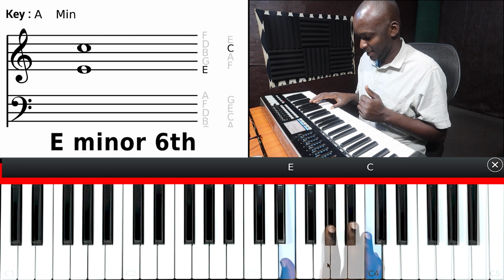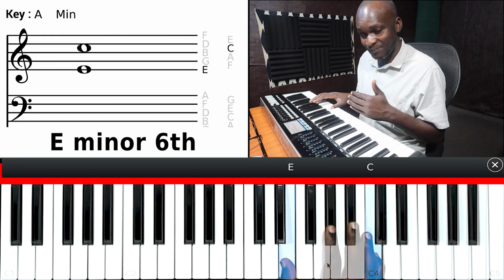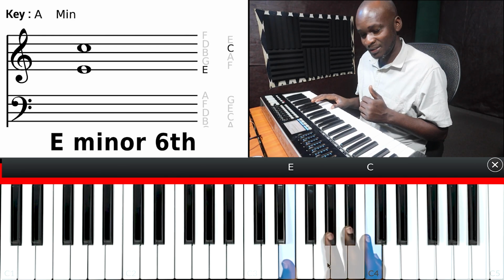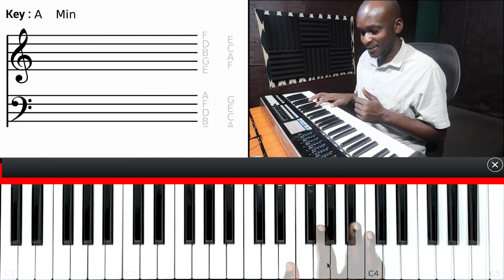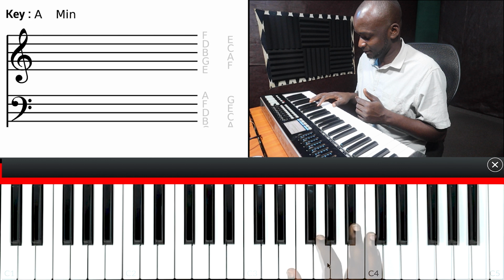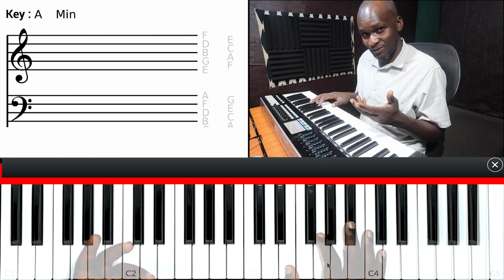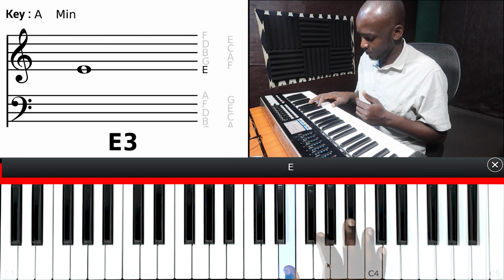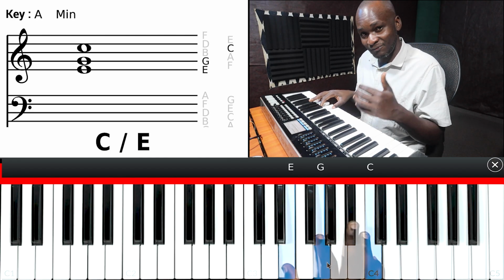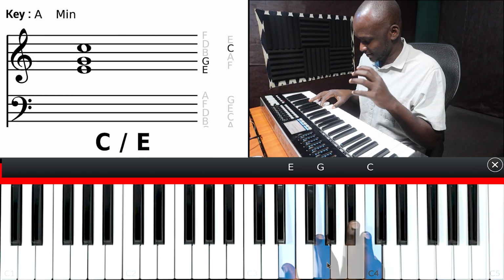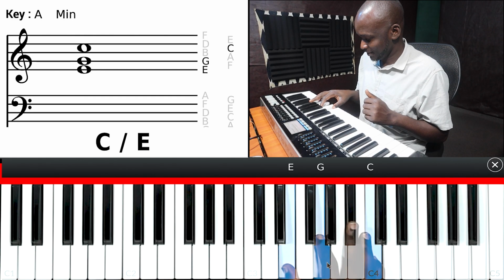So this is the interval between the first and the last pitch is a sixth or a minor sixth. But the interval between the first and second note is a minor third, which has 3 semitones: 0, 1, 2, 3. So this one, in terms of inversions, can be labeled 6, 3 for that reason.